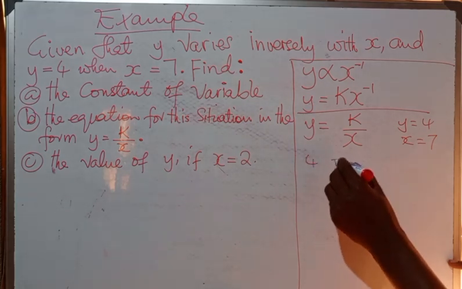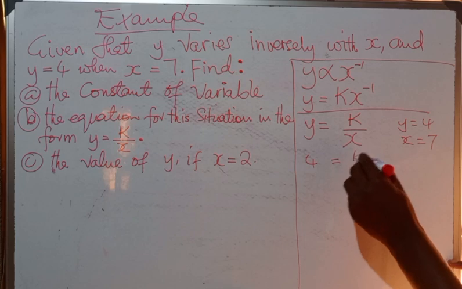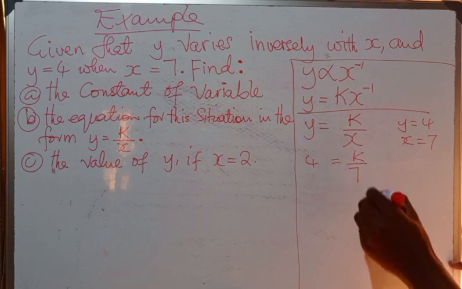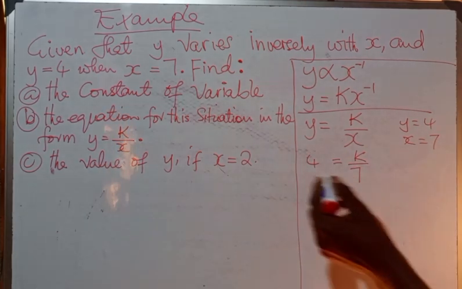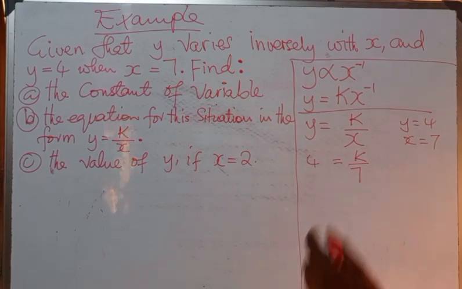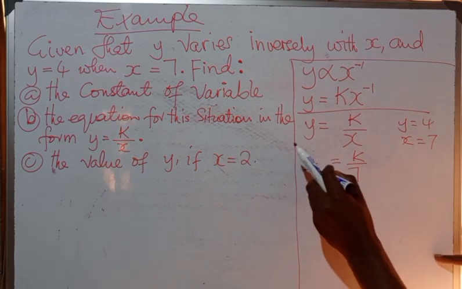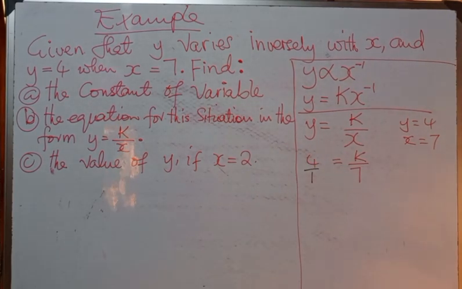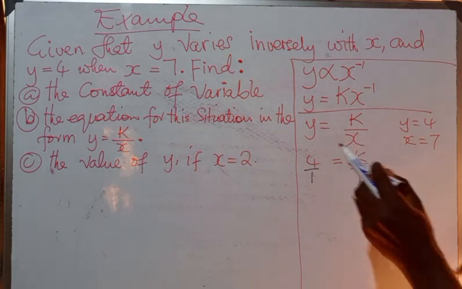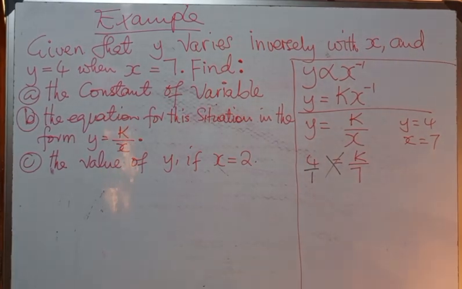4 is equal to k over 7. This is a fraction, this is not a fraction. We introduce over 1 on that side, then we cross multiply. Why over 1? Because 4 over 1 is the same as 4. Any number divided by 1 is the same number.